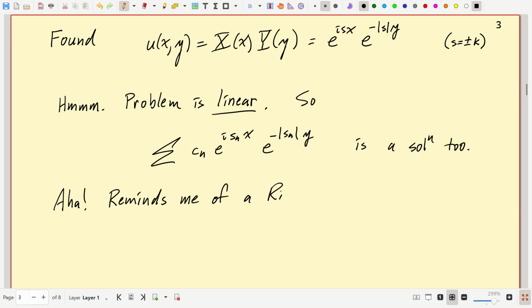And that means an integral. In fact, because the s is going all over the place, plus and minus, including 0, a Riemann sum for an integral from minus infinity to plus infinity of something ds.